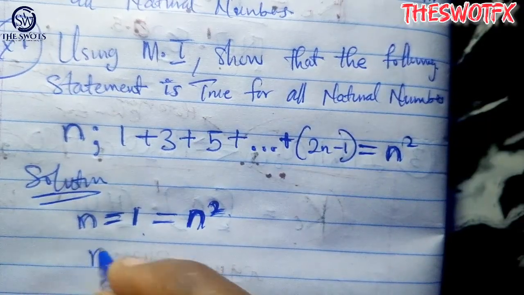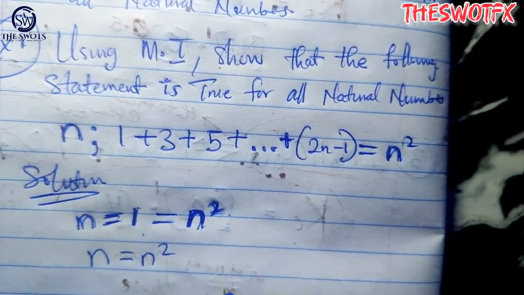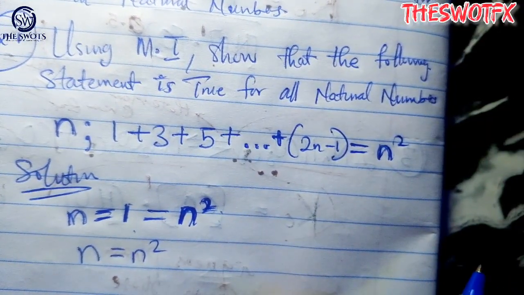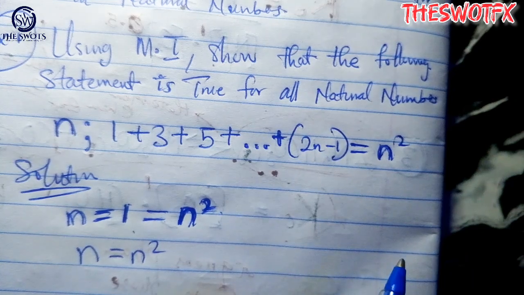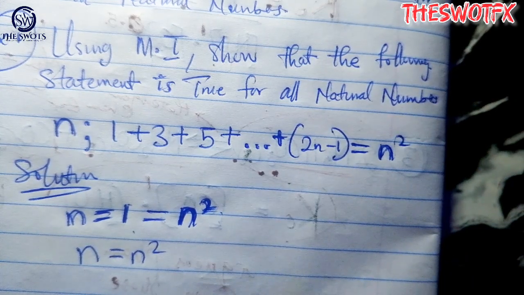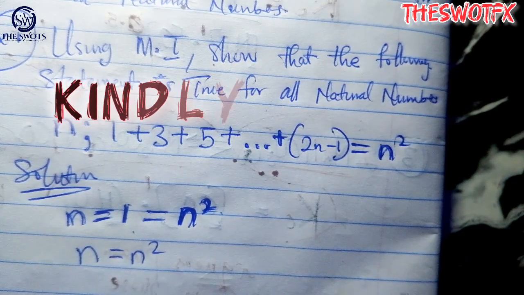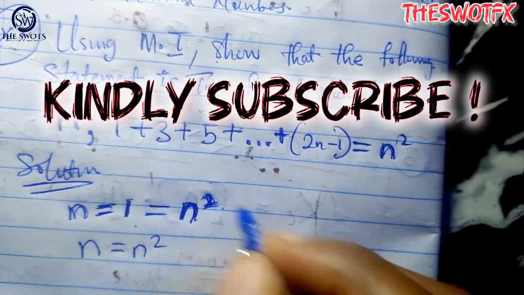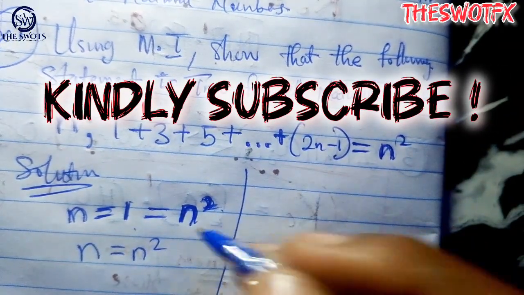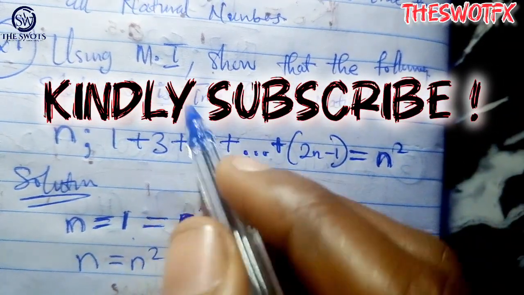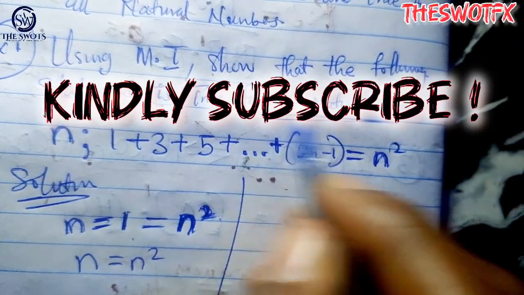That is, will the sum give you n squared? That's what we are trying to bring out. When you add everything all together, will it still give you your n squared? We want to prove if it is true for all the natural numbers.